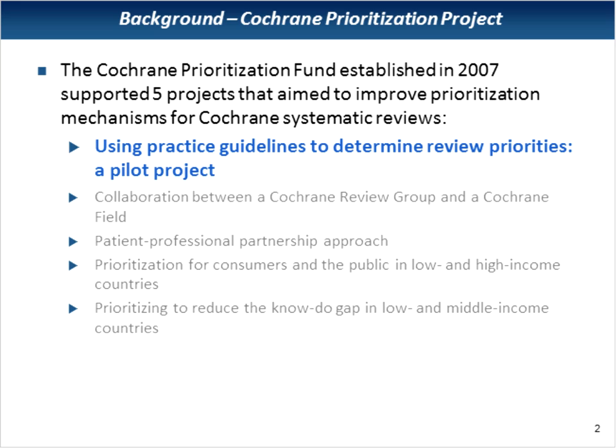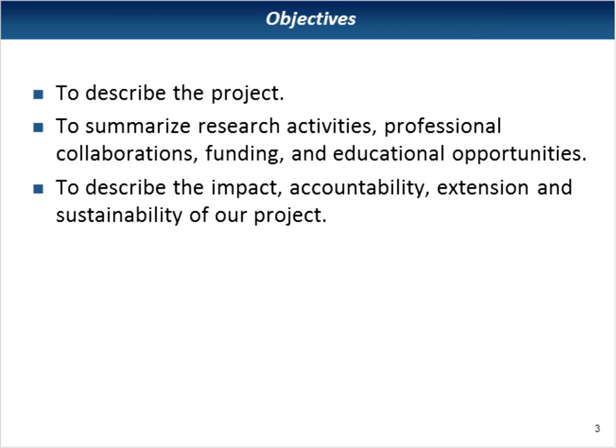So for today, we're going to talk about the experience from our group using practice guidelines to determine the review priorities. I said I would describe the project briefly and then summarize the research activities, professional collaborations, funding, and educational opportunities, as well as describe the impact of the project.